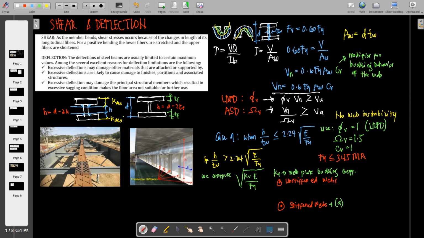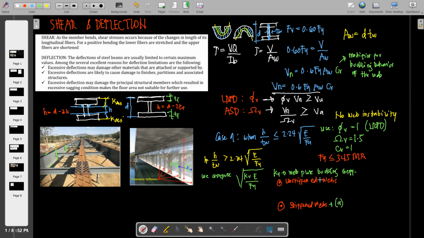So, if this is our beam here, it has a stiffener, so that another support will be placed on that. It will be welded on that. So, these are the stiffeners. And the distance between those transverse stiffeners is A here. So, we will have a clear distance between transverse stiffeners.